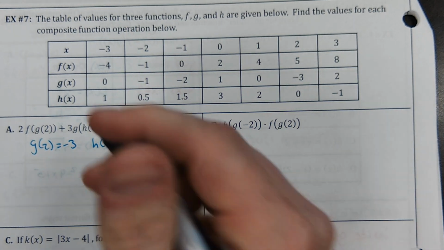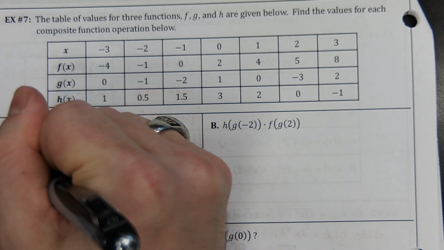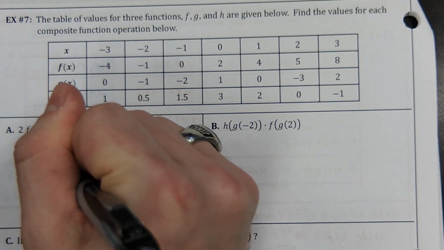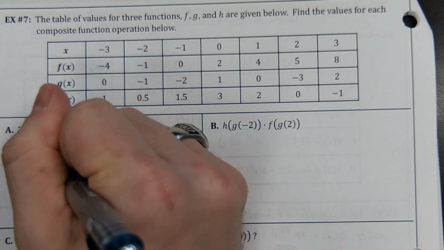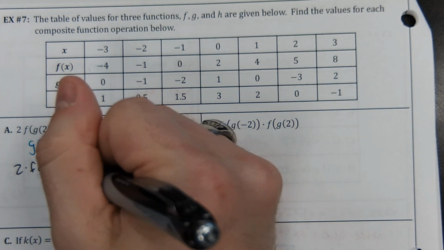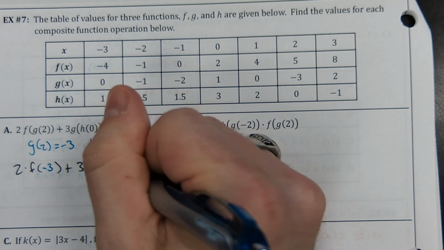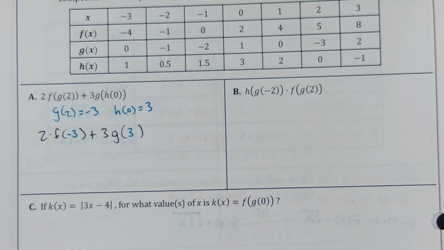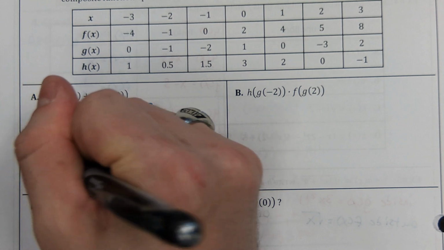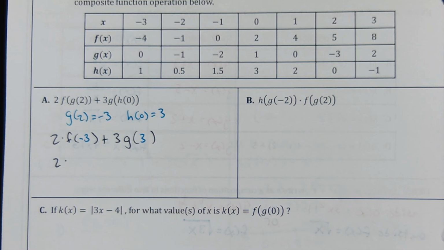This question actually says 2 times f of -3 plus 3 times g of 3. So that is going to give me 2 times, let's see what f of -3 equals.